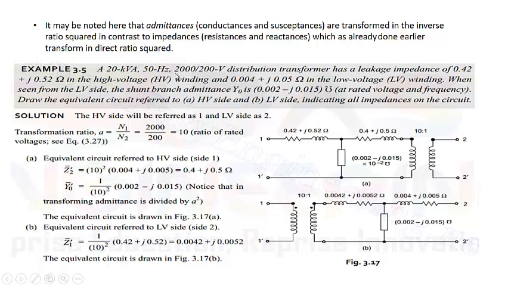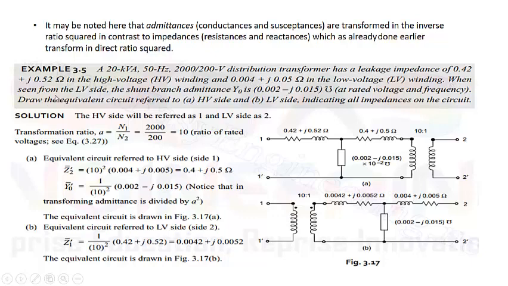A 20 kVA, 50 Hz, 2000/200 V distribution transformer has a leakage impedance of 0.42 plus j0.52 ohm in the high voltage winding, that is on the 2000 side. That means the resistance is 0.42 and the leakage reactance is 0.52. It is 0.004 plus j0.05 ohm in the low voltage winding.